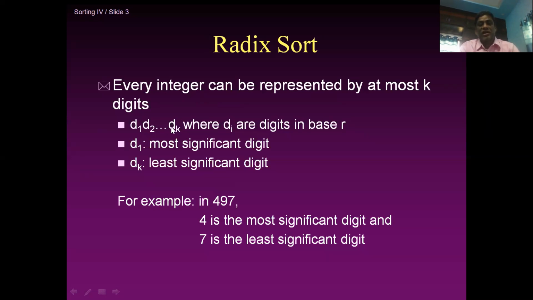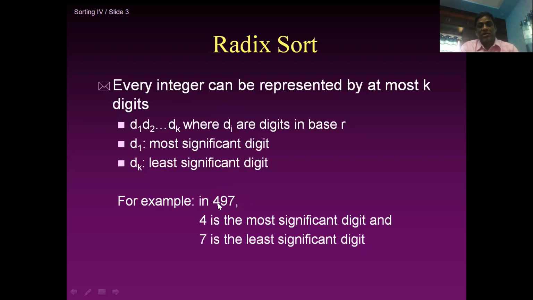For example, in the decimal number system, let us say 497 is the integer. Then the positional value of this 7 is going to be 10 power 0, this is 10 power 1, this is 10 power 2. This number will be equal to 7 into 10 power 0 plus 9 into 10 power 1 plus 4 into 10 square.